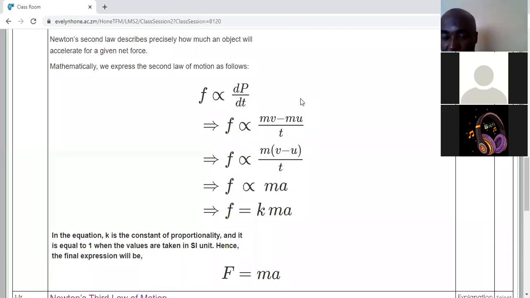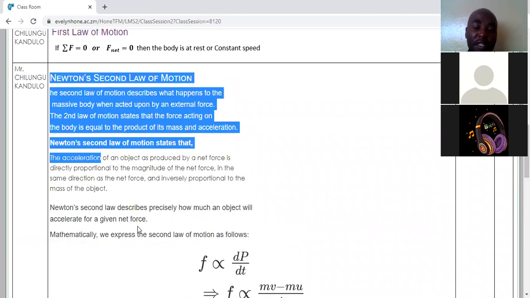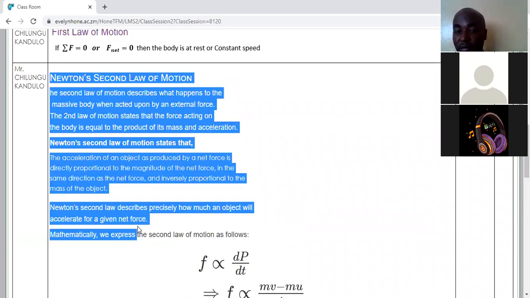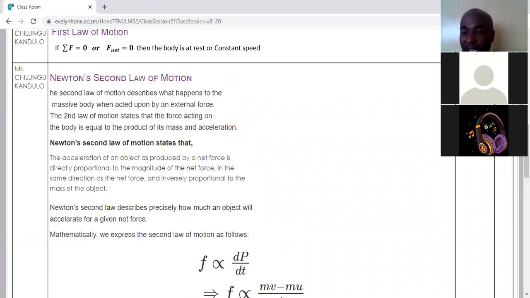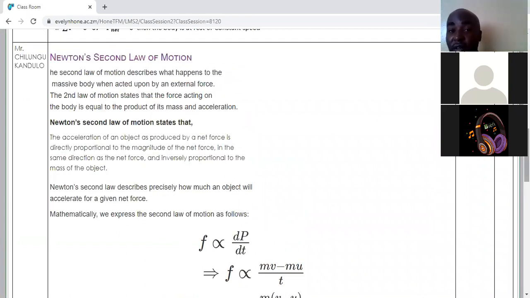Any other question, guys? Because most of the work which we will do will be based on Newton's second law. Our job, the struggle, is to find maybe the acceleration, and more importantly, the net force that our friend asked about.